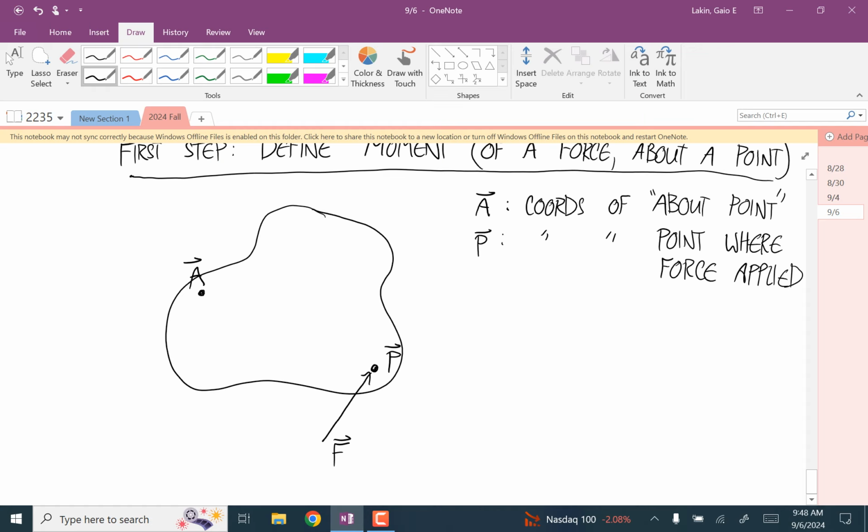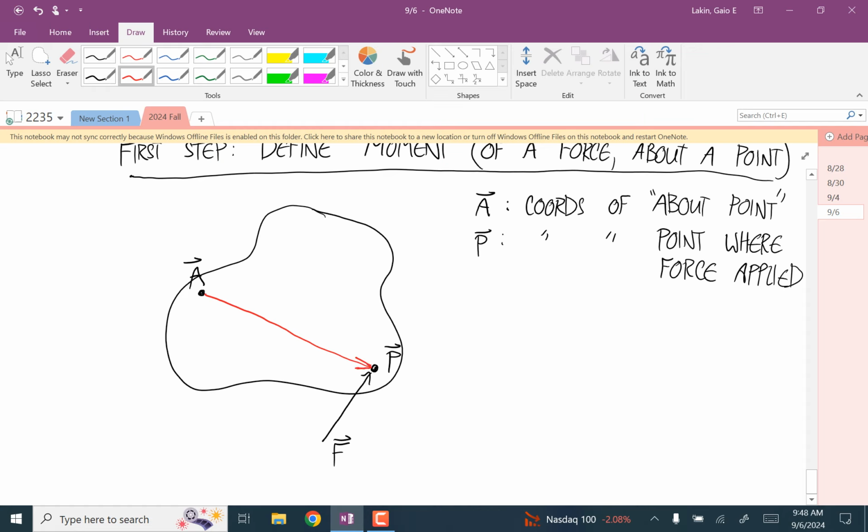Then we can define a vector that I'm going to call rho that goes to P from A. Okay, so draw a line between these two points.